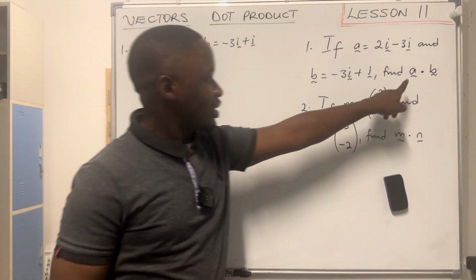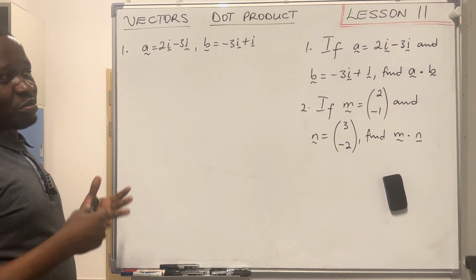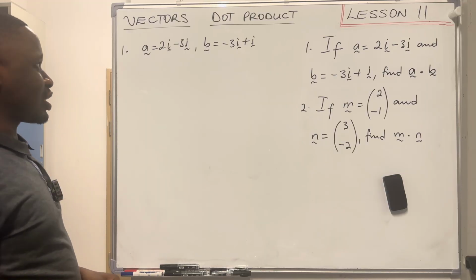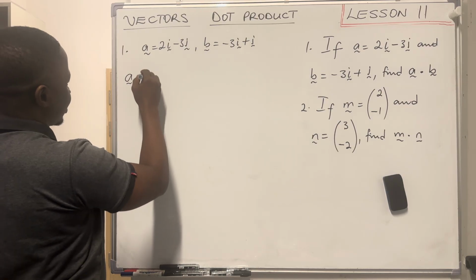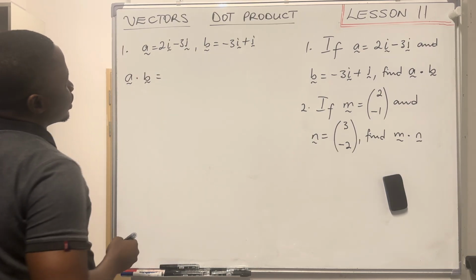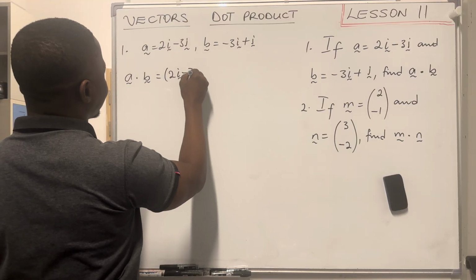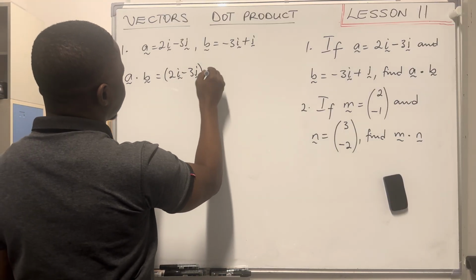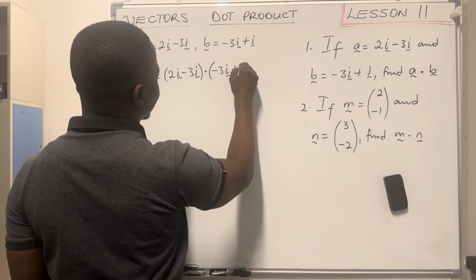Then we want to find A dot B, the dot product. Not just a product, this one is a dot product. So we say vector A dot vector B. So what is A? A is given as 2I minus 3J, dotted with minus 3I plus 1J.